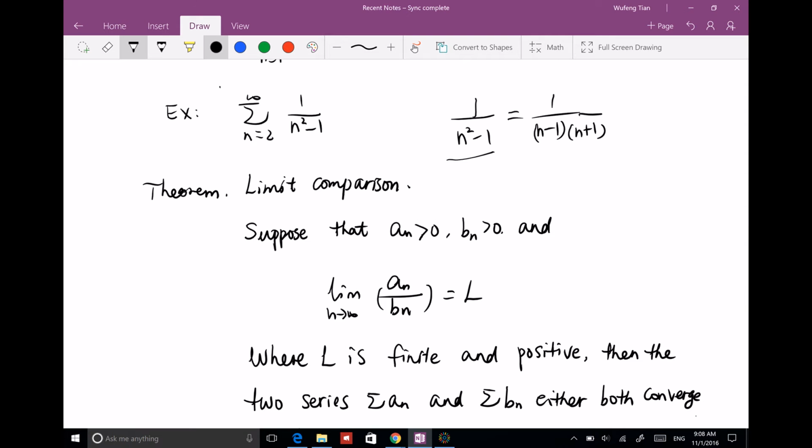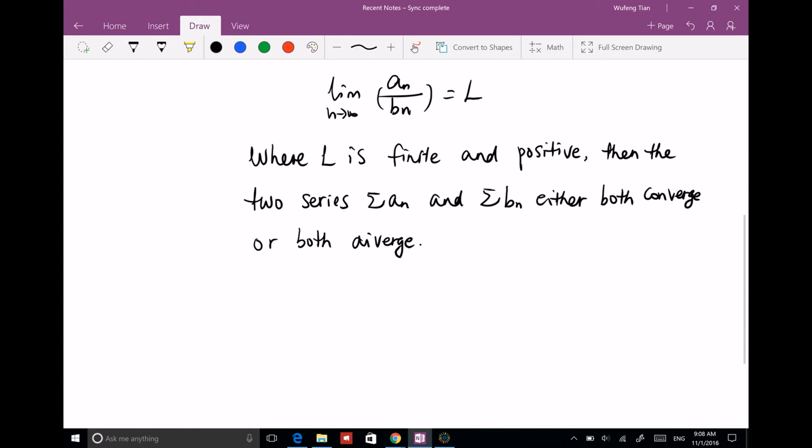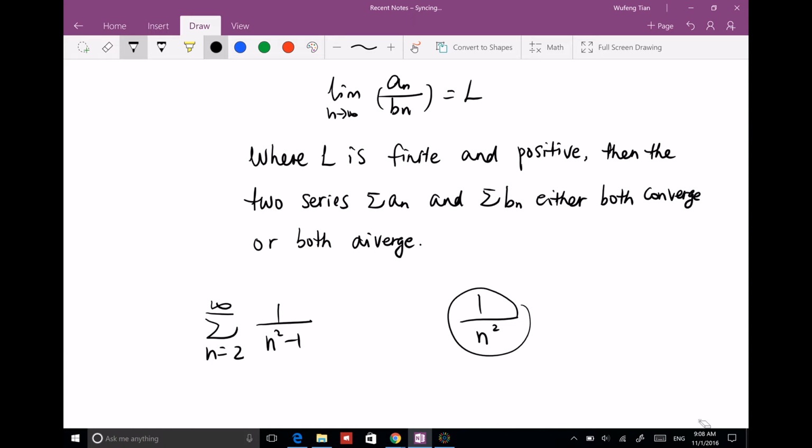Now we look at this one again, the series of 1 over n squared minus 1, n from 2 to infinity. Even though I cannot directly use that comparison test, now I can compare it with 1 over n squared. Make sense? So I can compare this one with the sum from n equals 2 to infinity of 1 over n squared.